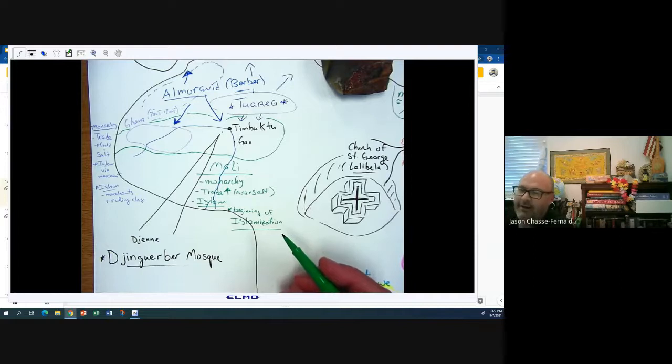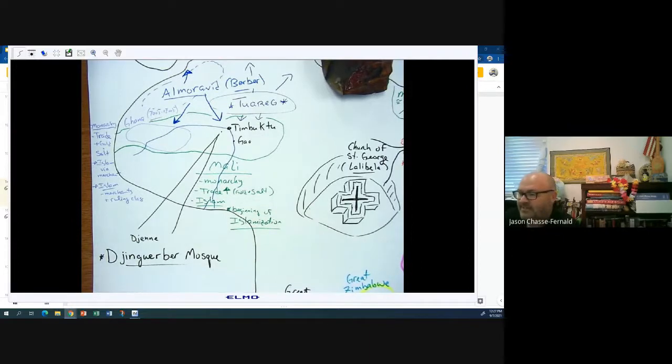You could argue that what people like Mansa Musa do in Timbuktu will increase conversion to Islam. But true Islamization is something we're going to talk about more in the next time period, in Unit 3, when we talk about the Songhai. That's when you see real Islamization, the impact of Sufi missionaries in sub-Saharan West Africa.